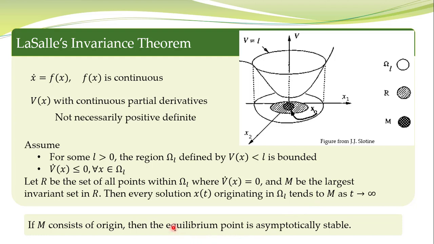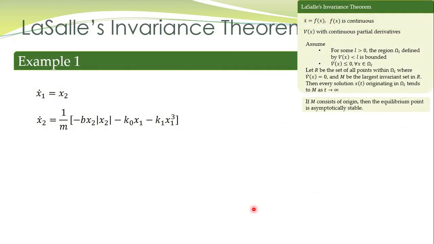So this is a corollary of this theorem. If M consists of the origin, then the equilibrium point is asymptotically stable. It is a little bit difficult concept, but anyway, we can further elaborate it with the help of a few more examples.